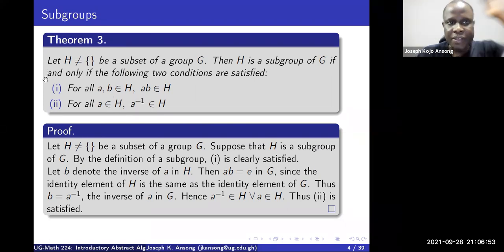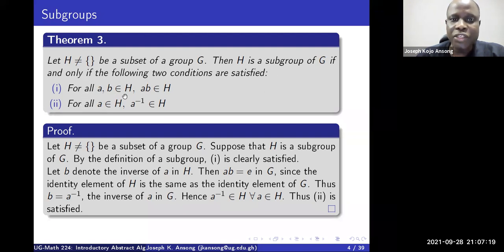Theorem 3 says: let H be a non-empty subset of a group G. When I say group G without writing the star, it's implied that G is related to some binary operation star. Then H is a subgroup of G if and only if the following two conditions are satisfied.